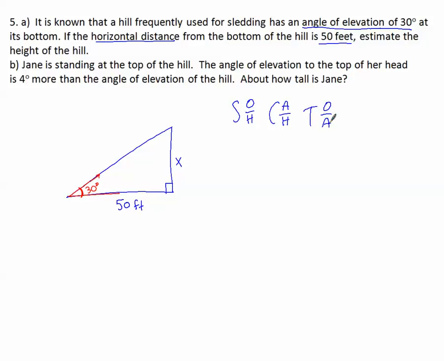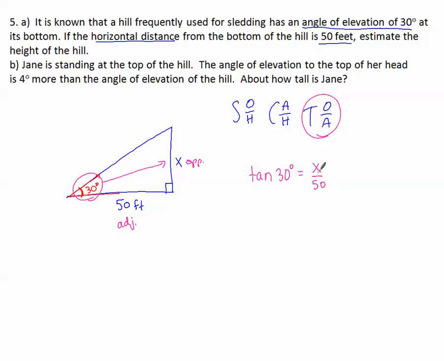All right, let's label from the angle that we have the opposite and adjacent. Hypotenuse, there's nothing, so we won't worry about that. Opposite and adjacent is tangent. So we'll write tangent of 30 degrees equals opposite over adjacent.